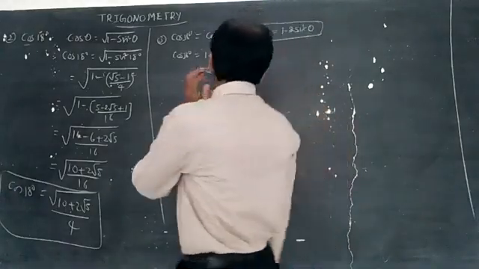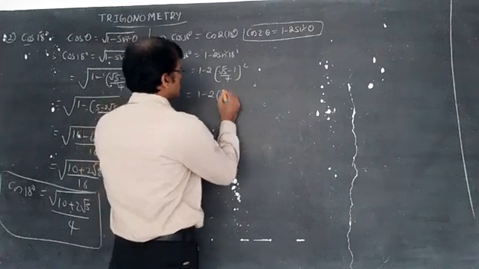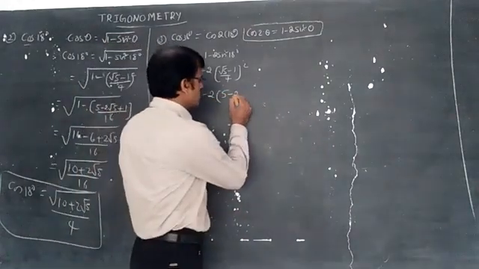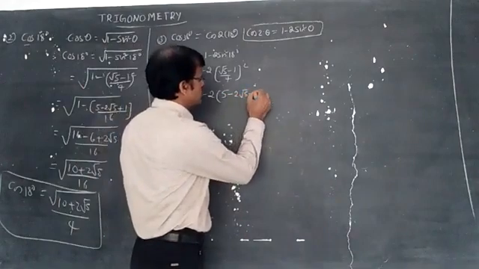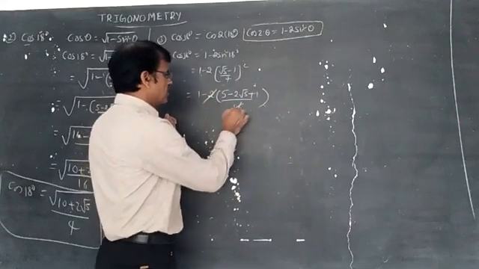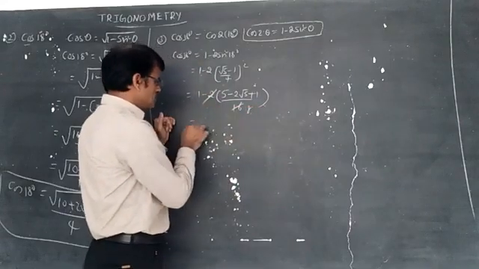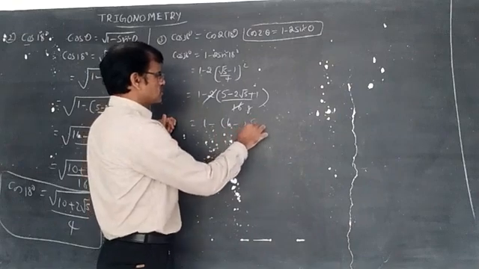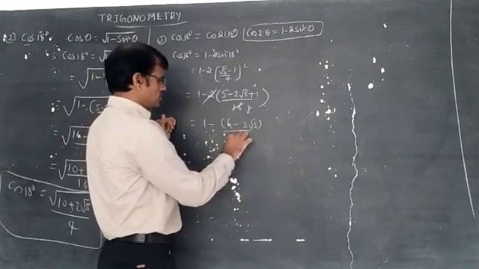This is the (a minus b) whole square formula, a square minus 2ab plus b square. So this will be divided by 8. That is equal to 1 minus (6 minus 2 root 5) by 8.